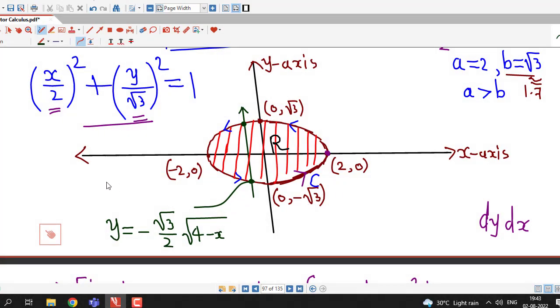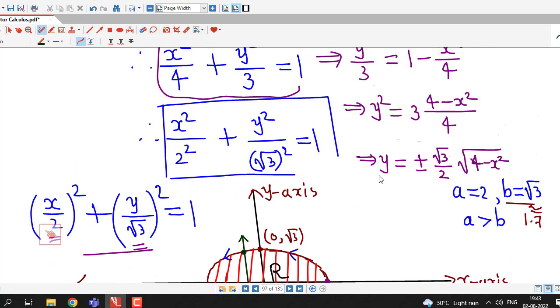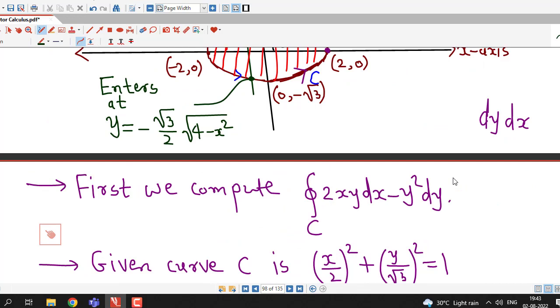So here we mention that line enters in the region at the point where value of y is negative square root 3 by 2 into square root of 4 minus x square. So that we are writing from this step. We simplify the equation of ellipse and we obtain these two values of y, square root 3 divided by 2 square root of 4 minus x square and negative.